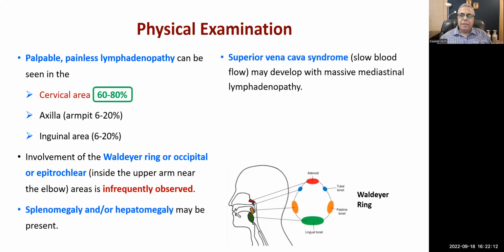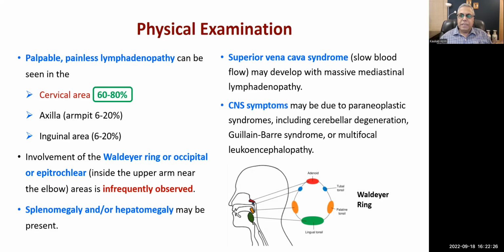Splenomegaly, hepatomegaly might be present. Superior vena cava syndrome, if the tumor is large in the chest or in the mediastinum and it is pressing on the superior vena cava, it will slow down the blood flow. CNS symptoms could be there, like Guillain-Barré syndrome, or Guillain-Barré, whatever the pronunciation is, which is an autoimmune disease which destroys the neurons, okay?